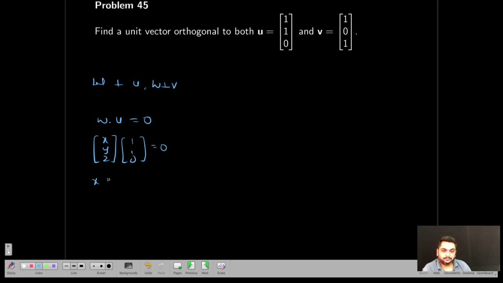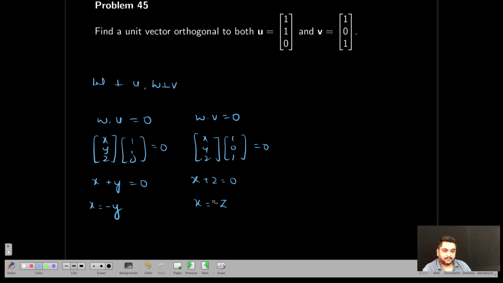That gives X plus Y equal to 0, that is X equal to minus Y. Here W dot V is equal to 0. So X, Y, Z with V equal to 1, 0, 1 gives X plus Z equal to 0, X equal to minus Z.